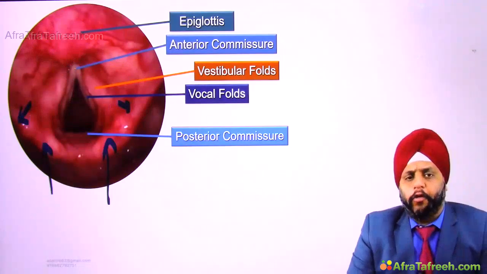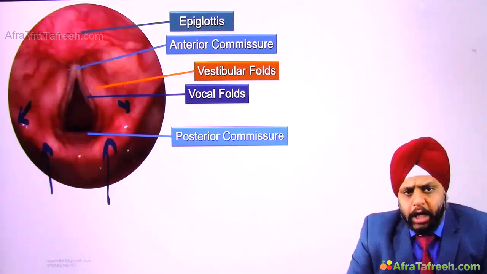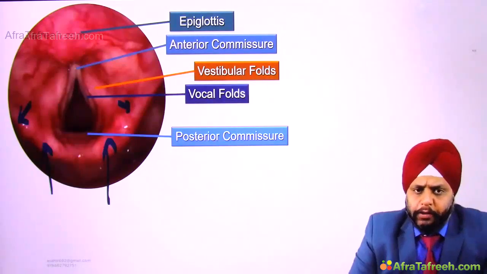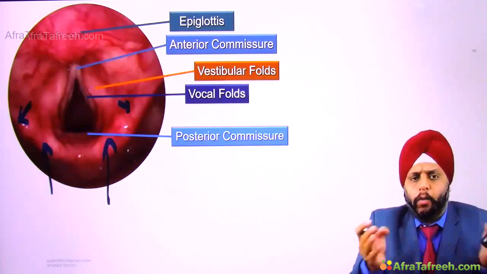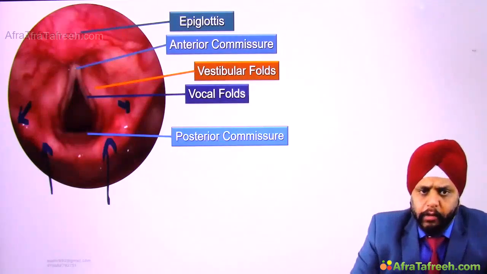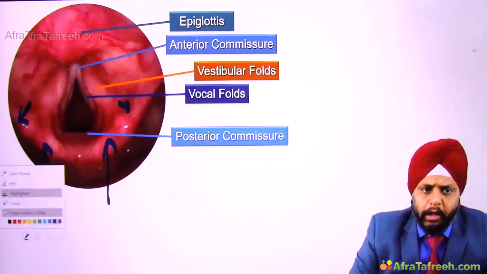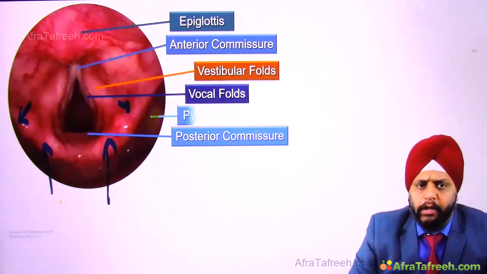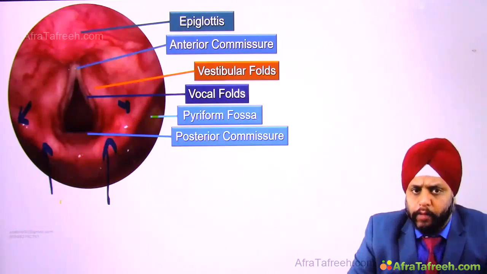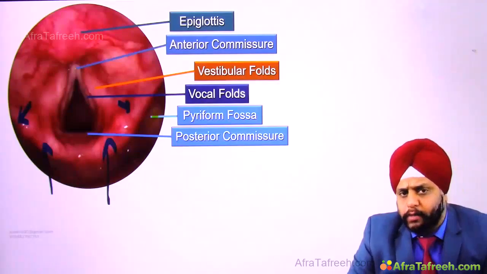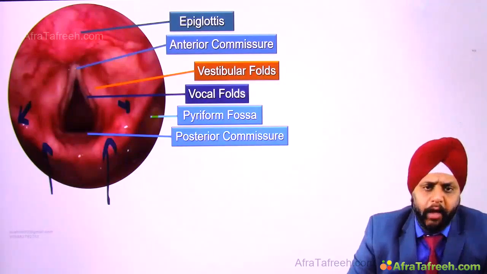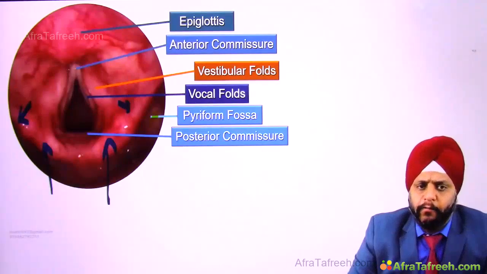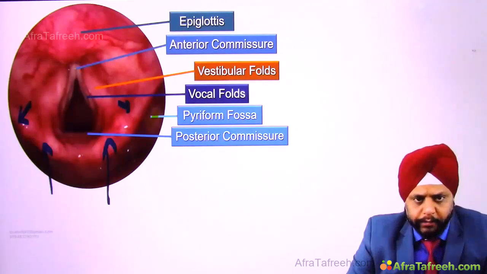Okay, and from your hypopharynx topic, if you have studied, you know that on the sides of the larynx we have an important area of the hypopharynx. This area I'm talking about is known as the pyriform fossa. So that's on the sides of the larynx. In the hypopharynx, the pyriform fossa forms a component of the hypopharynx, right?